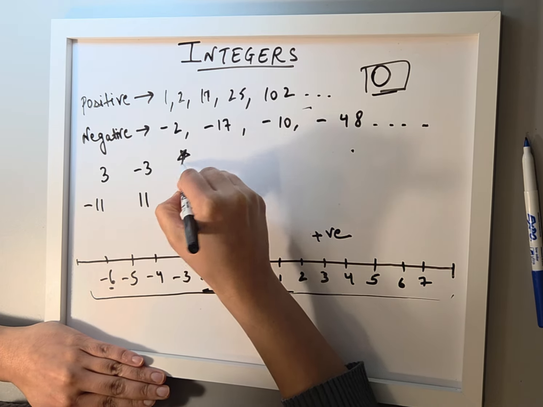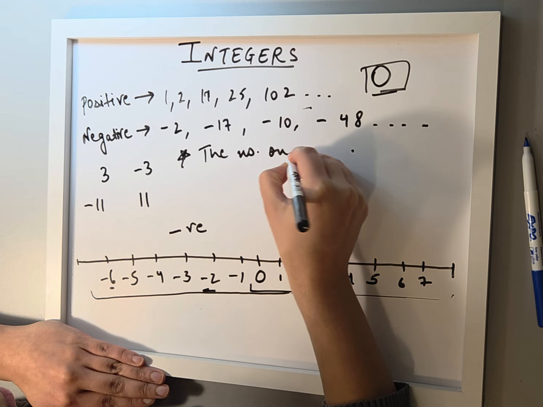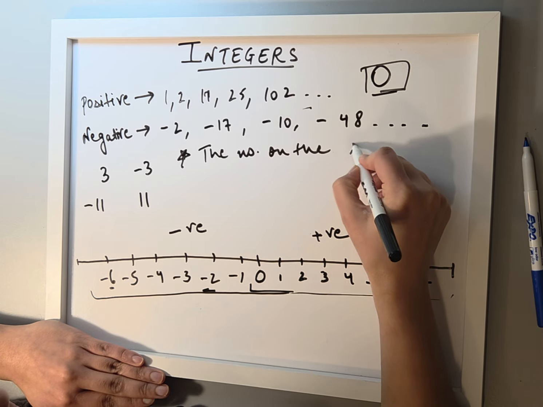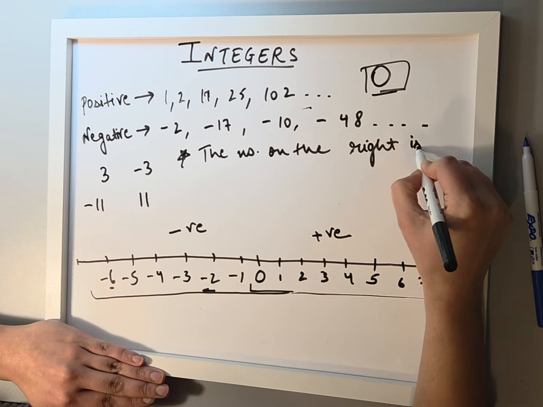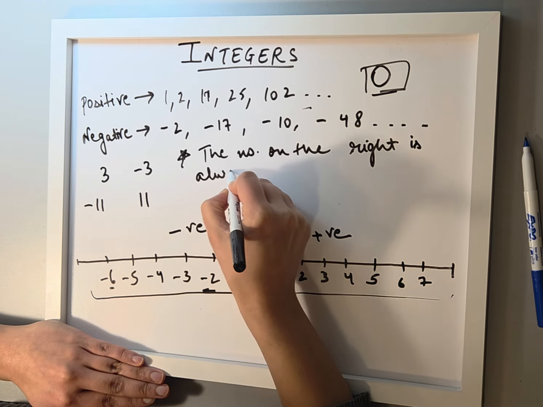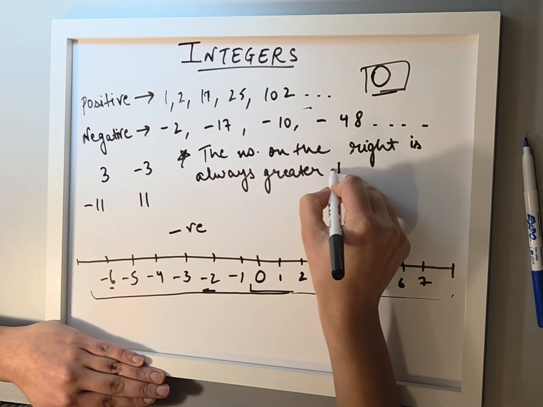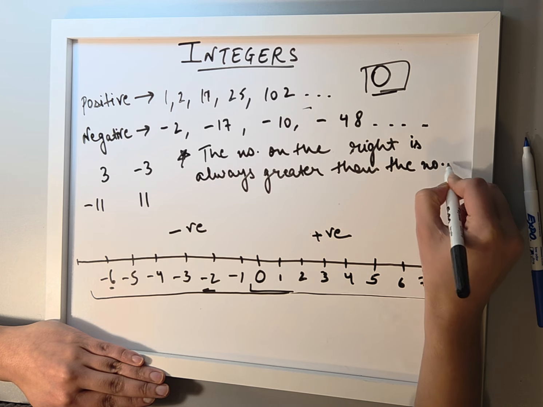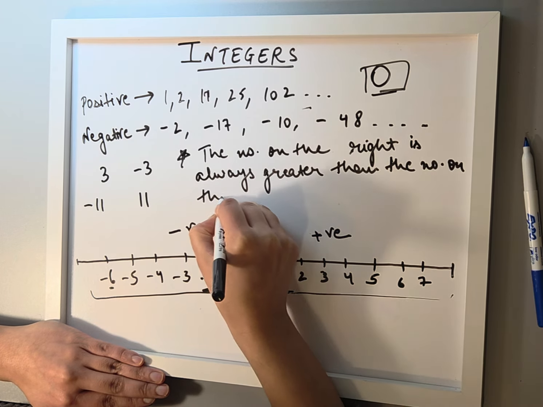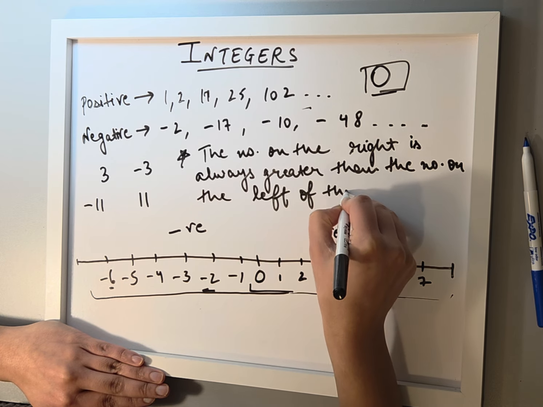What holds true? That the number on the right is always greater than the number on the left of the number line.